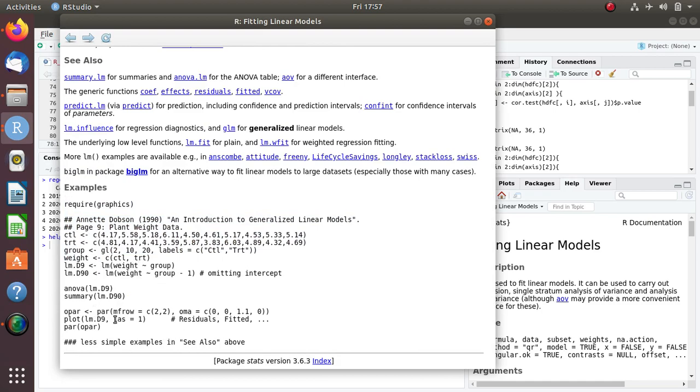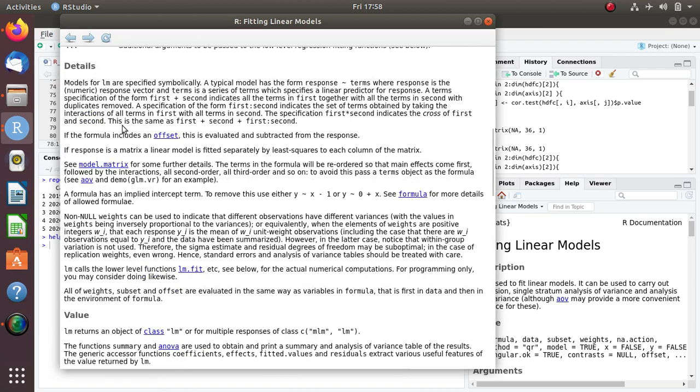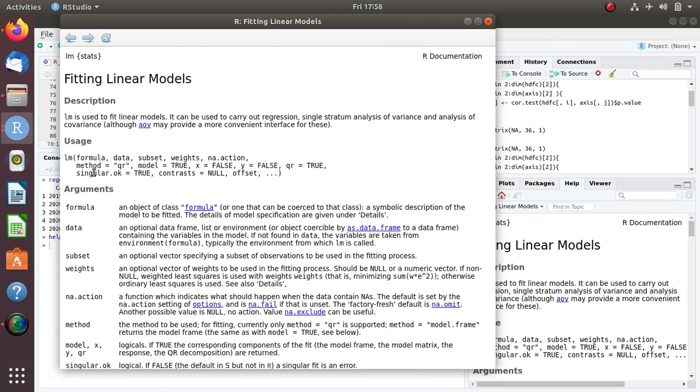Now you have quite a few examples, not many, but very few examples here. I think I already explained what the formula is while I was explaining ANOVA, analysis of variance, in one of my demonstrations. The formula refers to R formula.